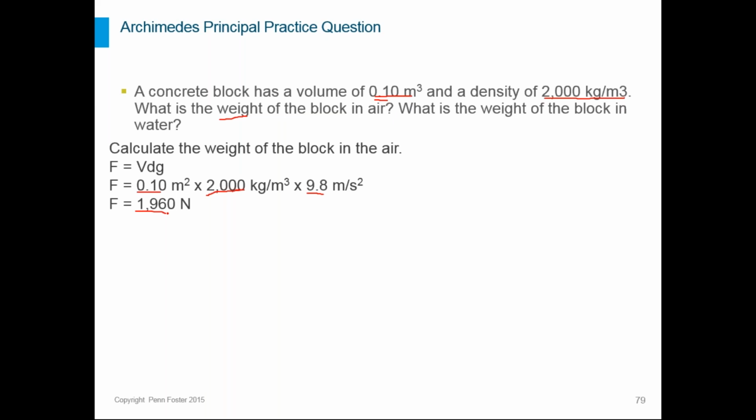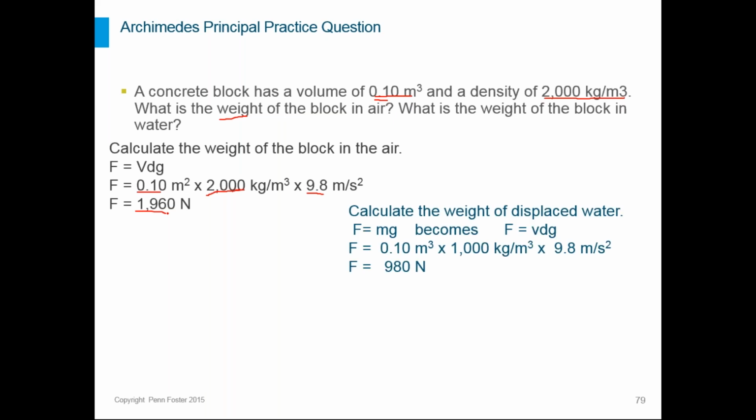Now the next step: what is the weight of the block in water? To do that, we've got to figure out a couple of things. We need to figure out the buoyant force, because remember, that's what's working against the weight. And we learned before, buoyant force is equal to the weight of the water that's displaced by the object.